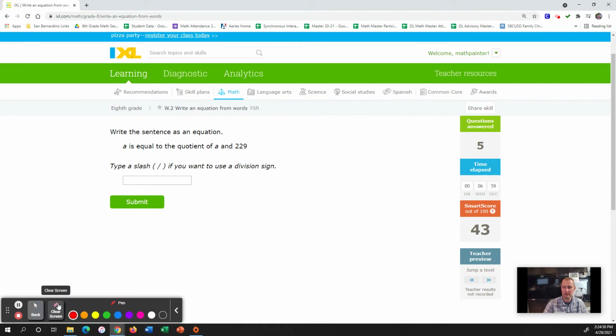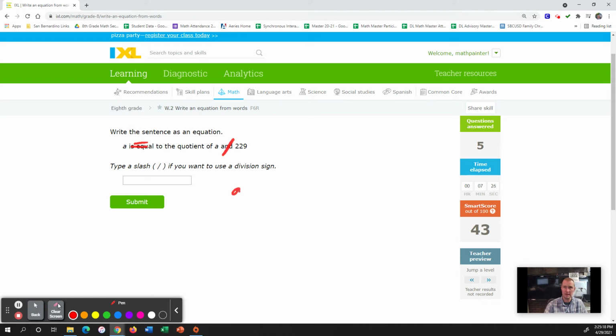All right, next up, we got A is equal to the quotient. Ooh, new word. We got the word quotient. The word quotient means to divide. So what that means is quotient of A and 229. Now, they're giving us the hint to type the slash if you want to use the division sign. So we're going to change and into the division sign.